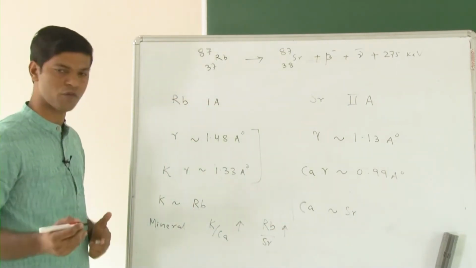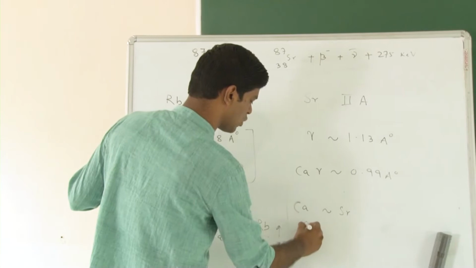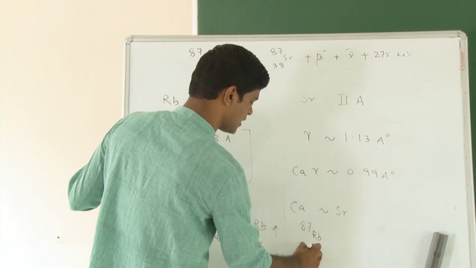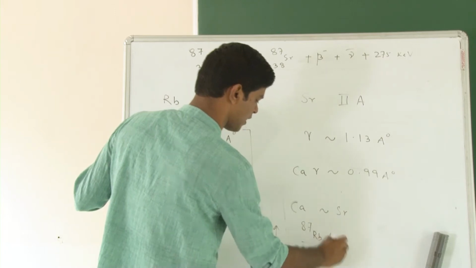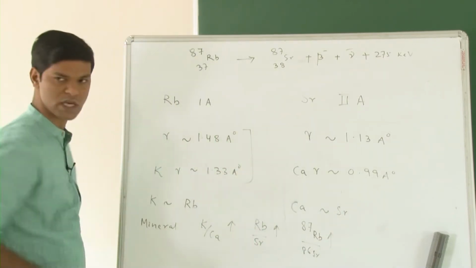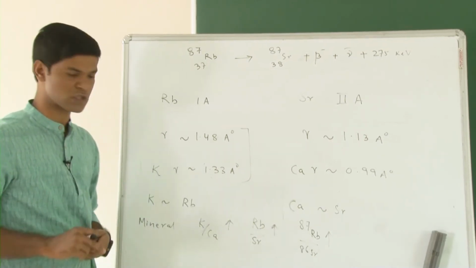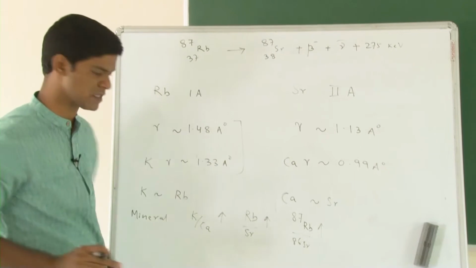If you have more rubidium, then you are likely to have more 87 rubidium in this, and the stable 86 strontium is also very high, because strontium is directly proportional to its stable isotopic abundance of 86.